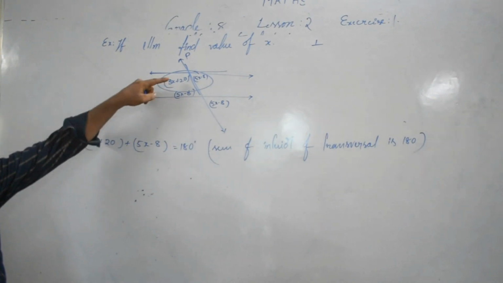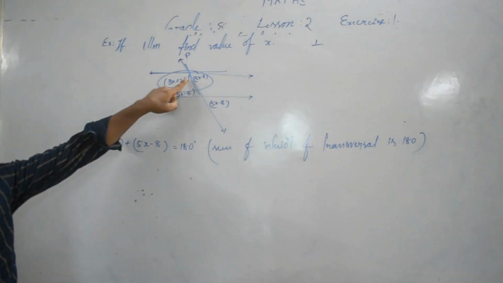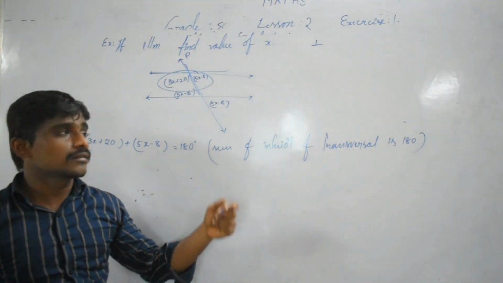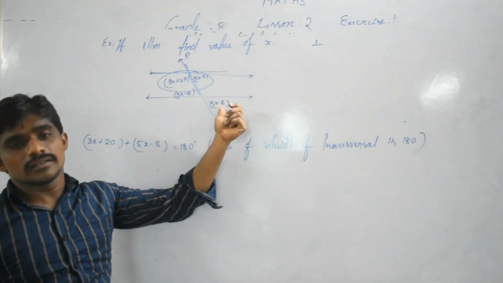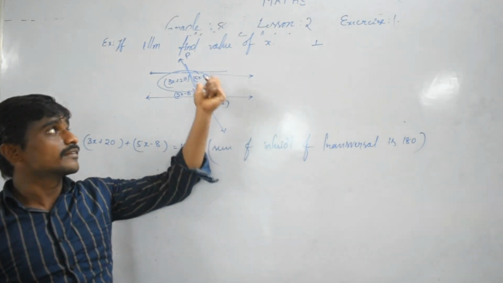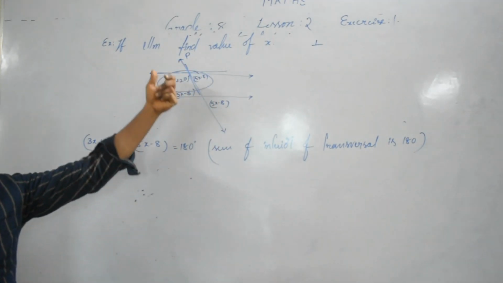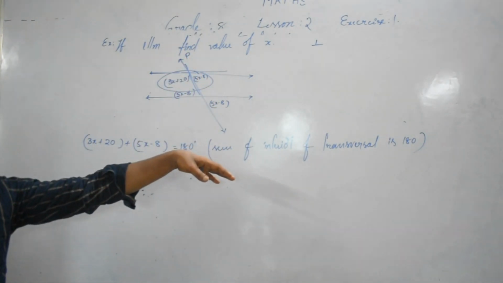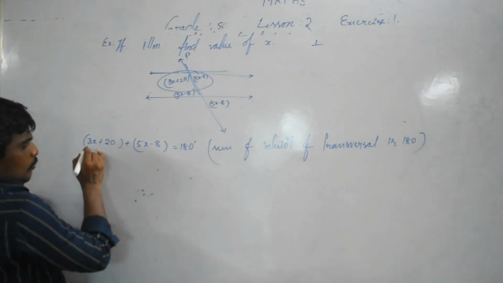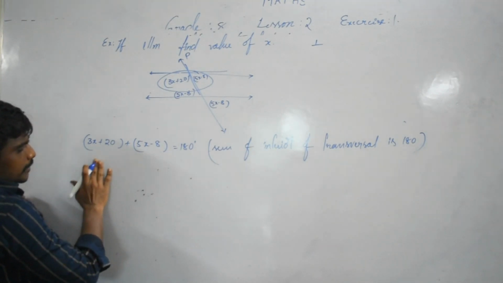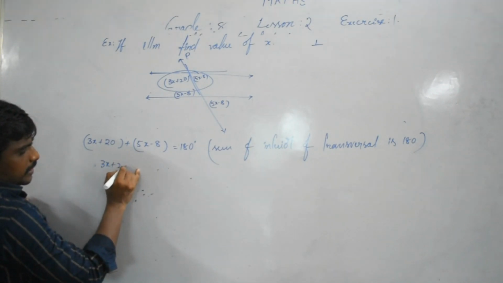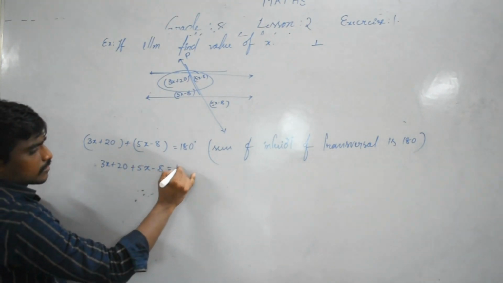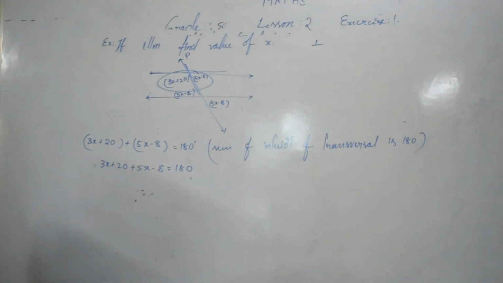According to corresponding angles, one exterior angle and one interior angle are equal. So 3x plus 20 plus 5x minus 8 is equal to 180 degrees.